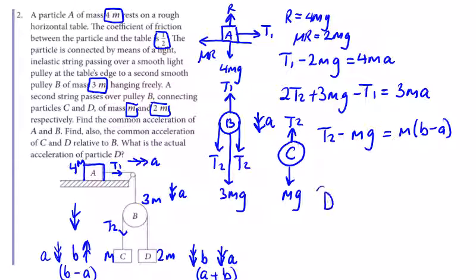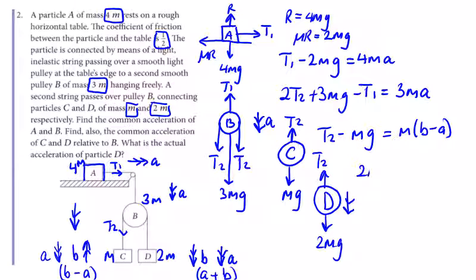And we have D, which is going down with an acceleration of A plus B. We've got 2mg, we've got T2, and we have the direction of acceleration.